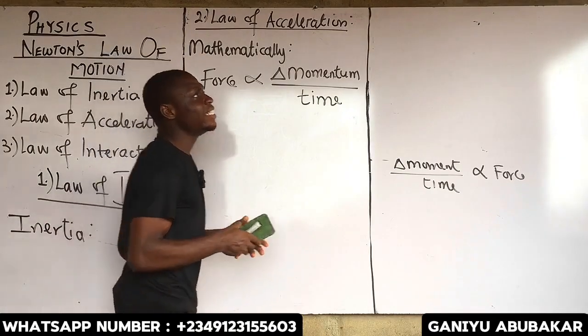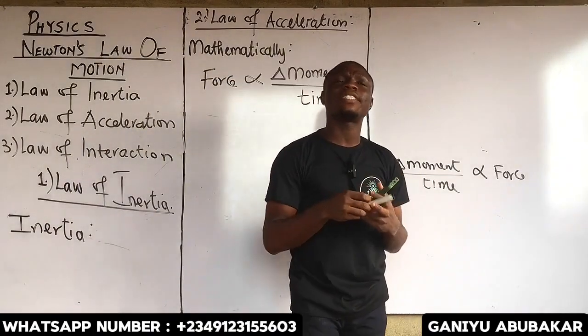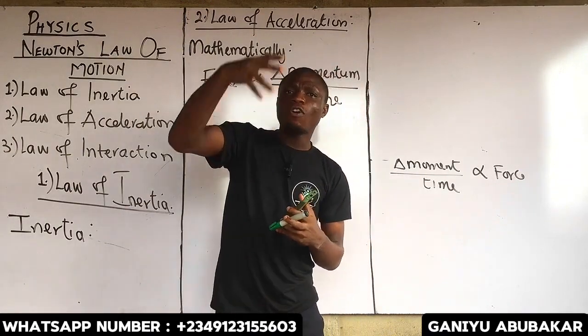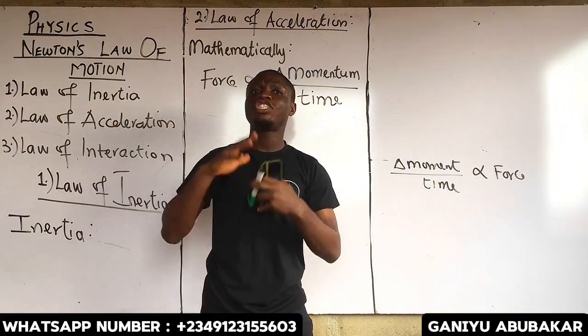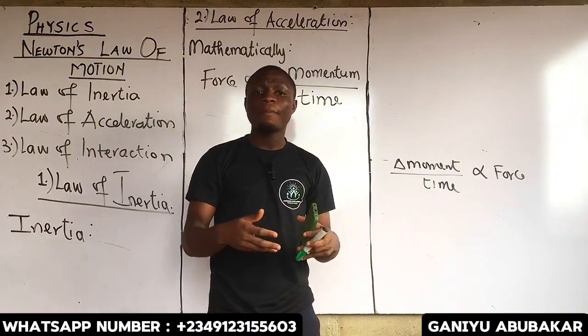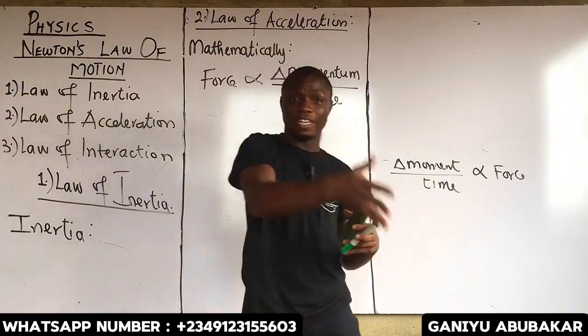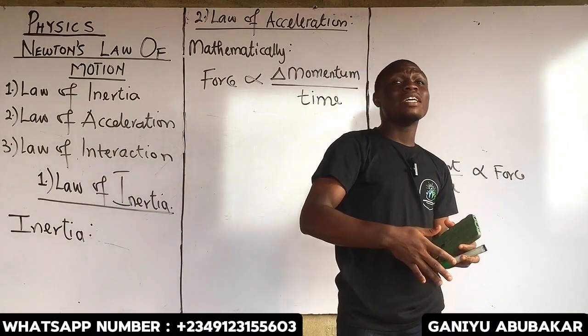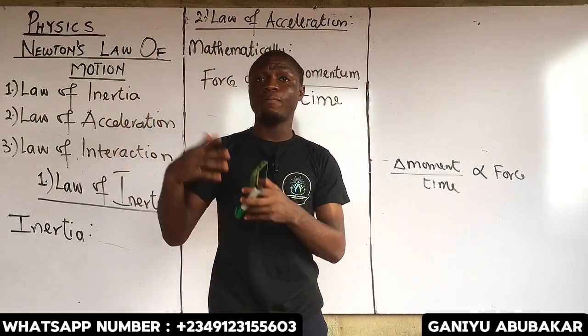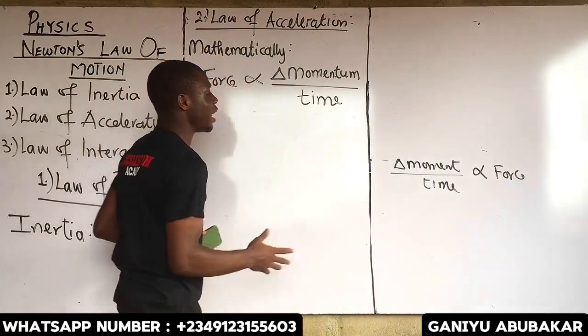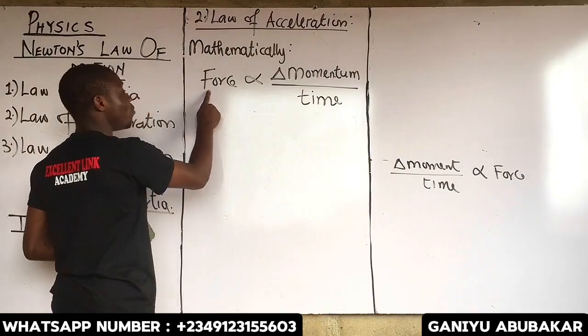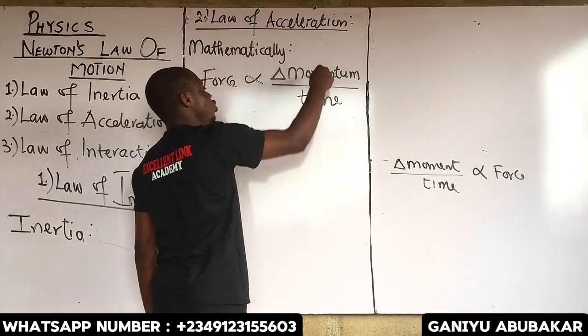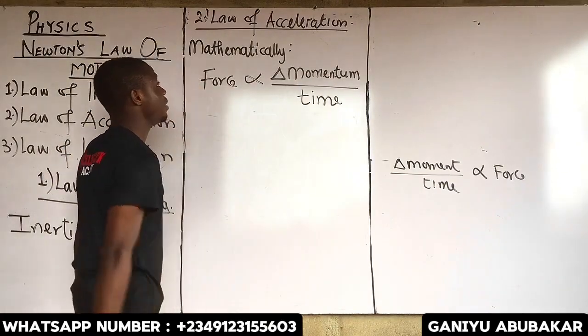The reason is that a force must be applied before there is a change in momentum. A force must actually come first before there's a rate of change of momentum of a body. That's why mathematically I'm having force before rate of change of momentum, as you can see here.